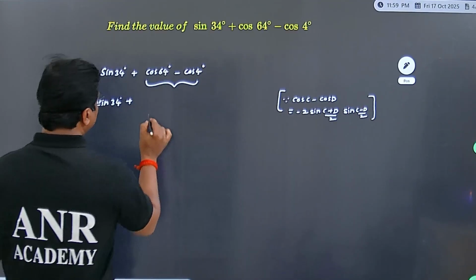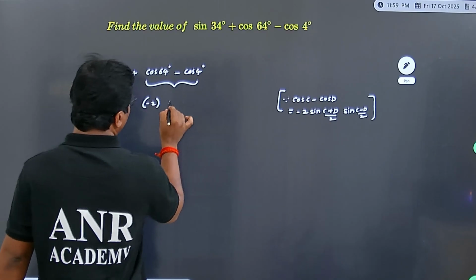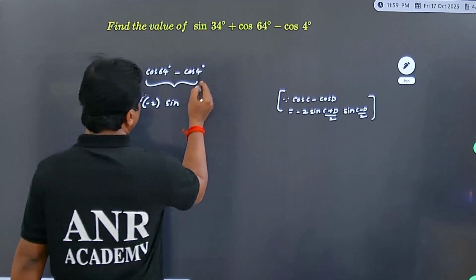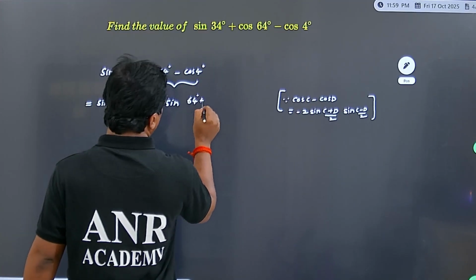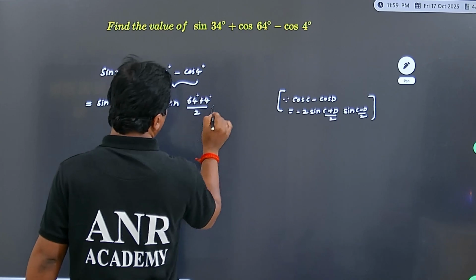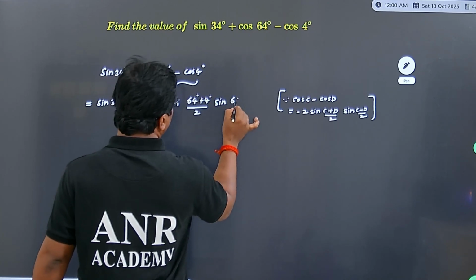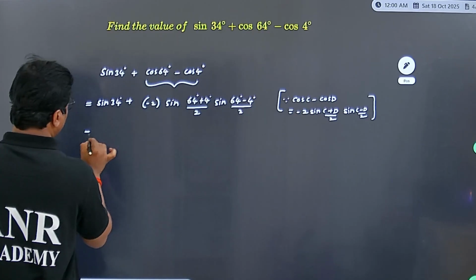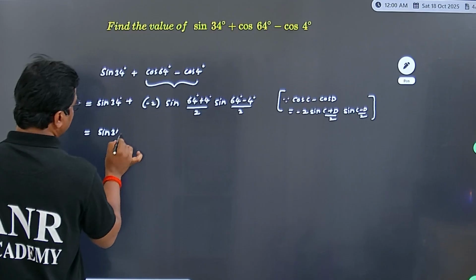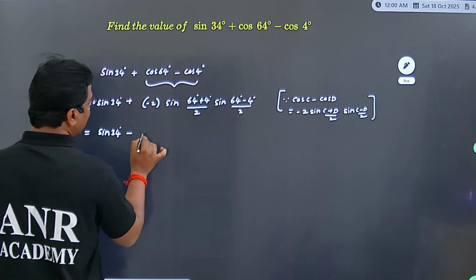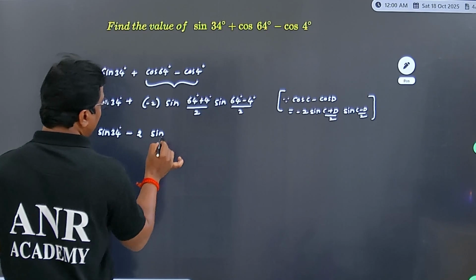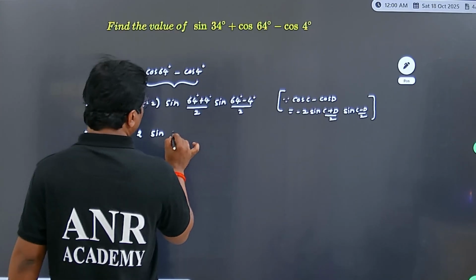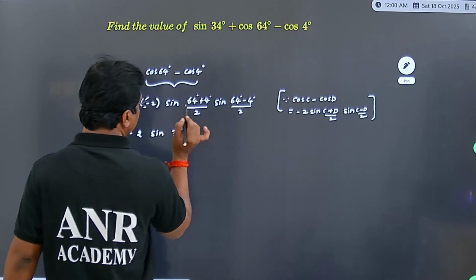So here, minus 2 of sin of (C plus D) by 2, value (64 degrees plus 4 degrees) divided by 2, sin of (64 degrees minus 4 degrees) divided by 2. So this is equal to sin 34 degrees minus 2 times sin of 68 degrees divided by 2, written as 34 degrees.